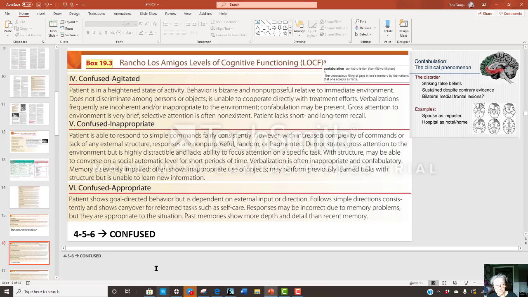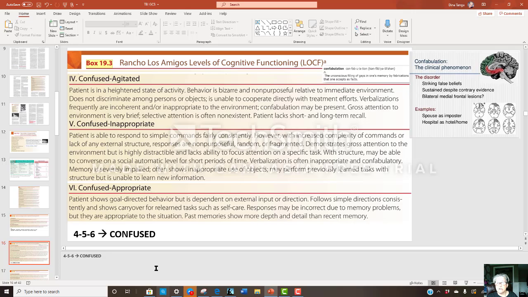Okay, so you taught Mary yesterday that she brushes her hair with this brush and she uses a toothbrush to brush her teeth, and this is how she stands up to the walker. So she shows carryover for relearned tasks such as self-care.